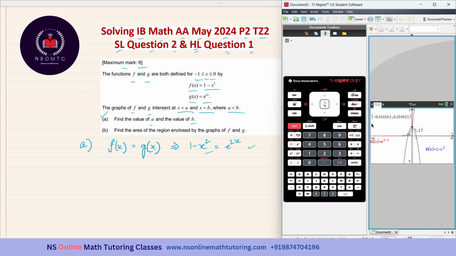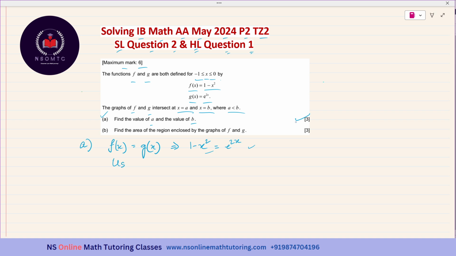Okay. So one is x equal to 0, and the other x coordinate is negative 0.9165. So a is less than b. Therefore, using the GDC graphs, I need the a value because it will be a negative number.